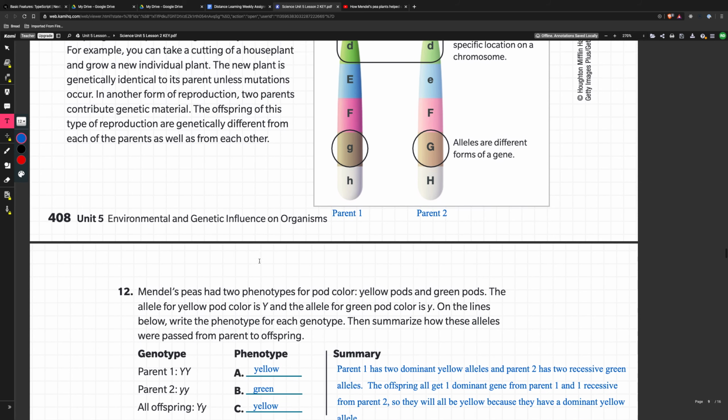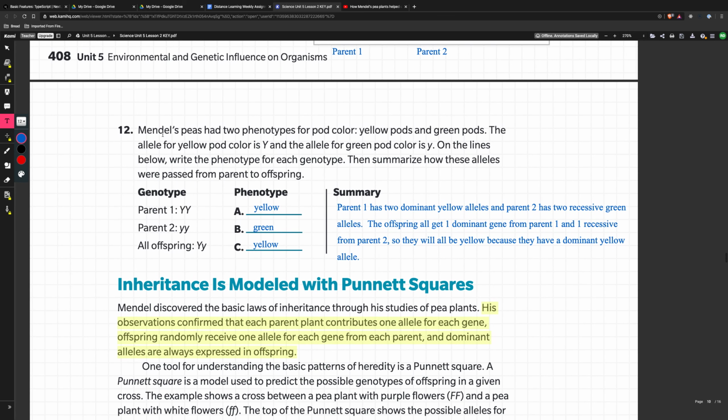So going down here, this talks about the very first example of the pea plants, right? With the yellow pods and green pods. So it says the allele for the yellow pod is Y. The allele for the green pod is a lowercase y. Sorry, uppercase.